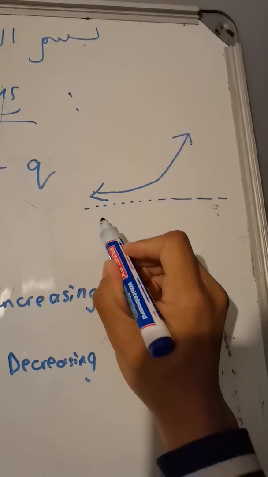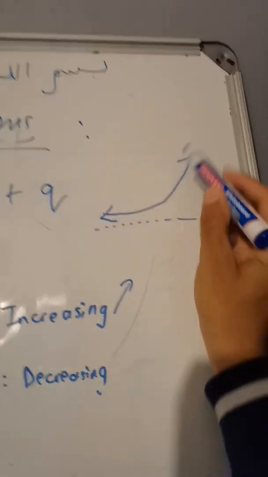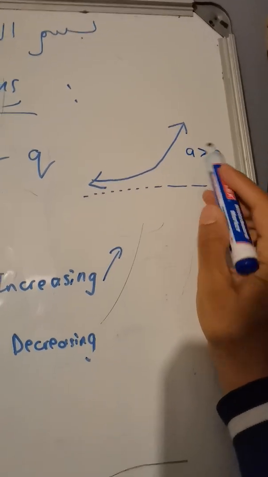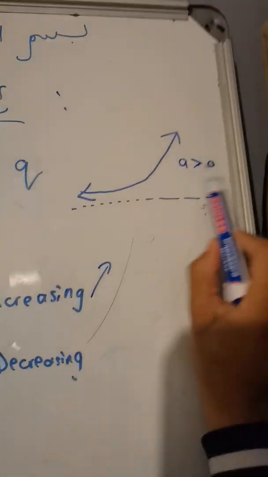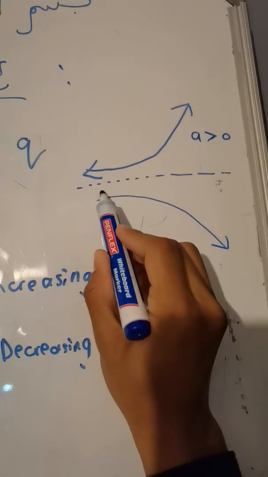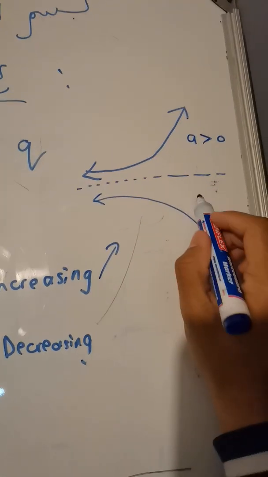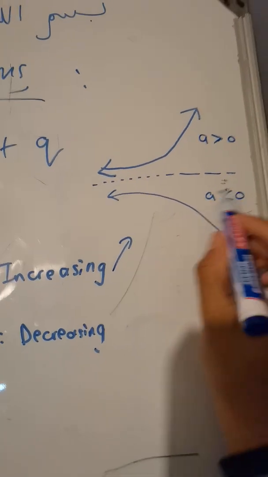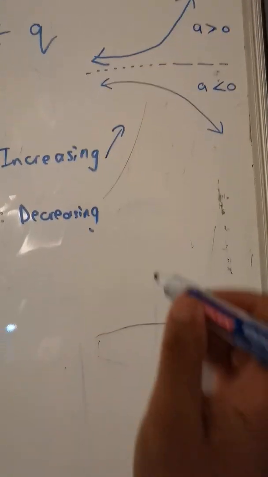So if the graph is above the asymptote, a is more than 0, right? So in this case, b is more than 1 and a is more than 0 for this graph. And then if you do a reflection, if you go below the asymptote, that means a is less than 0, meaning a is negative. That's just some of the properties of that graph.